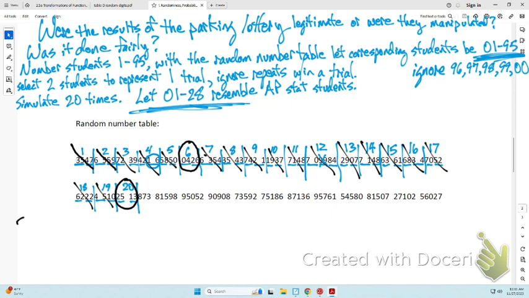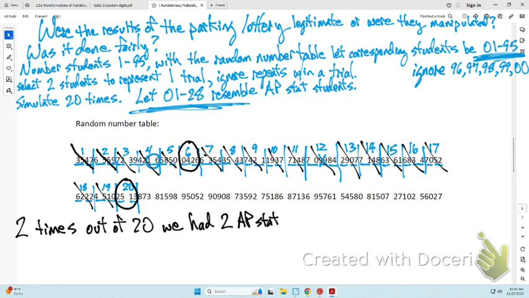So 2 times, 2 trials, however you want to write it, out of 20, we had 2 AP Stat students selected.